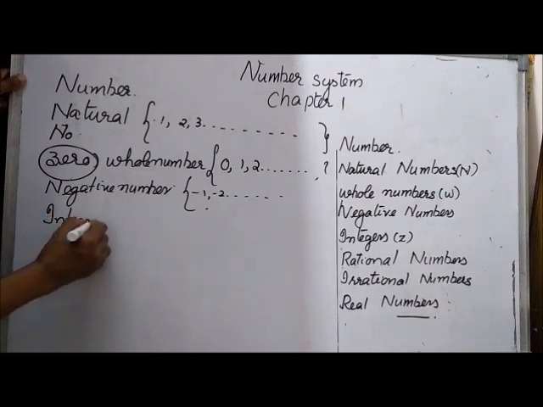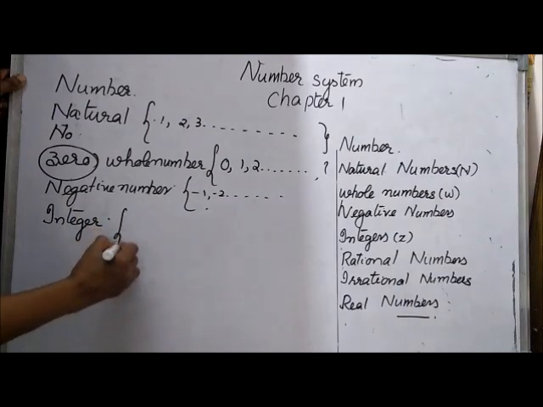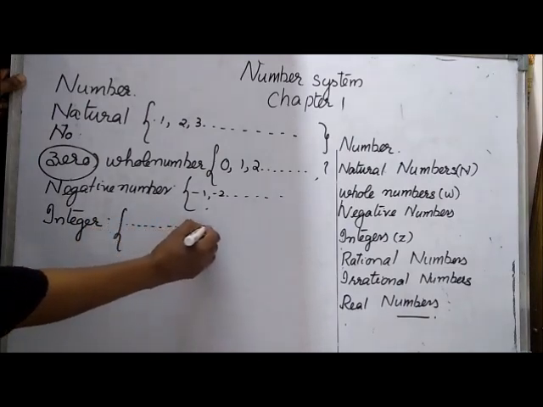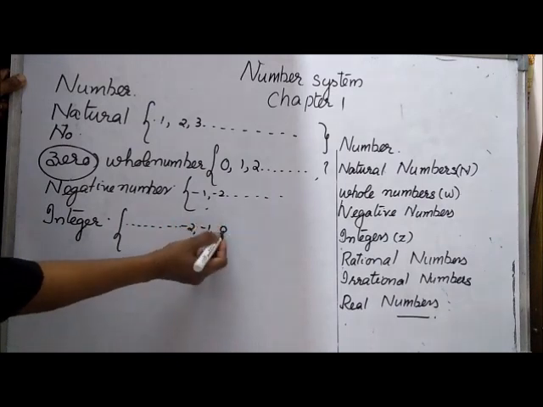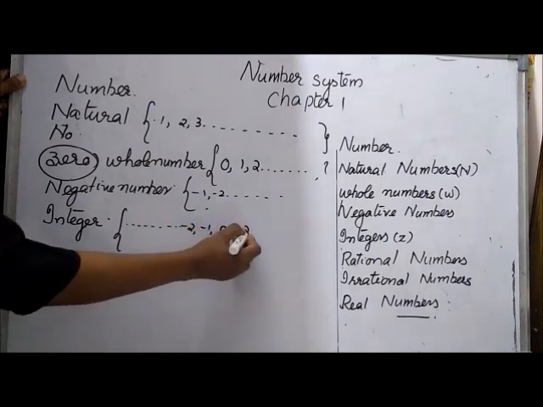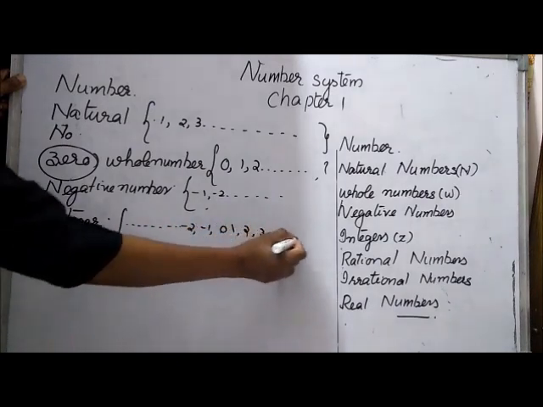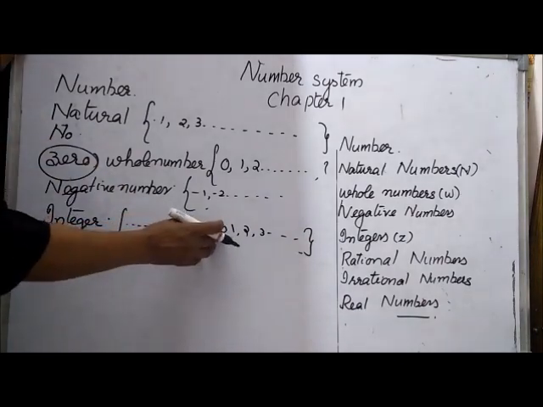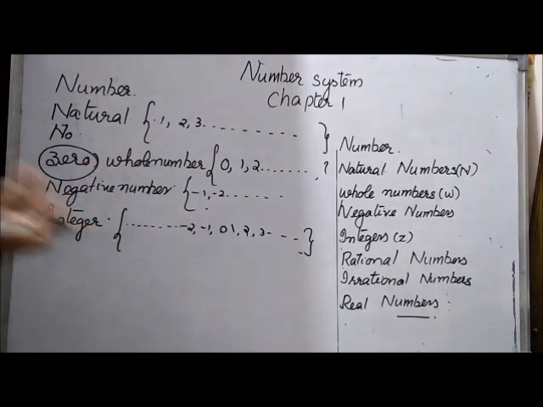Integer. Integer means negative numbers, -2, -1, 0, 0 included, 1, 2, etc. These are known as integers. In integers, fraction numbers will not come, only whole numbers and the negative of those numbers, and we include 0.